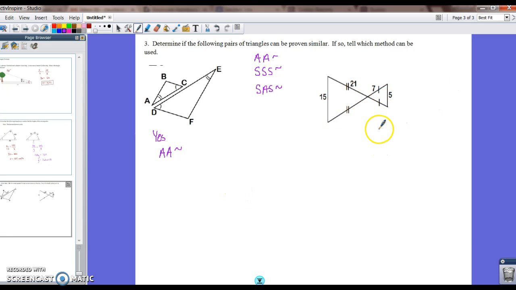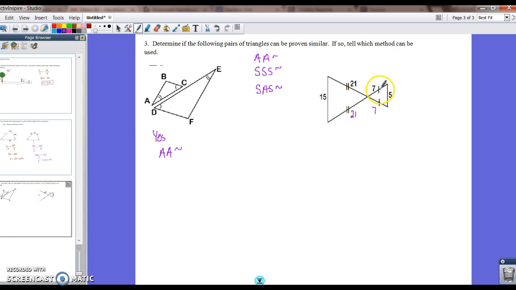And if we look at the next problem, we have two isosceles triangles, right? And what do we know? We've got, if this side is 21, that means this side would have to be 21. And if this side is 7, that means this side has to be 7. So remember, if we have measures of 3 sides, we have to show not that the sides are congruent, but that the sides are proportional. And we can in fact prove that.